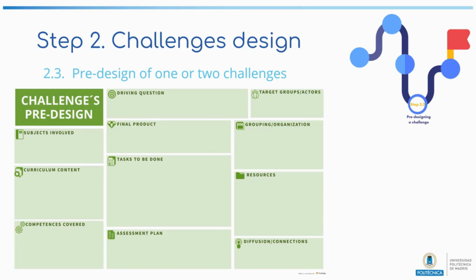The project can be extracurricular, however, integrating the project as a curricular interdisciplinary project is recommended. Competencies covered, tasks to be done, assessment planned, necessary resources such as materials and spaces, and finally, the diffusion and connections.